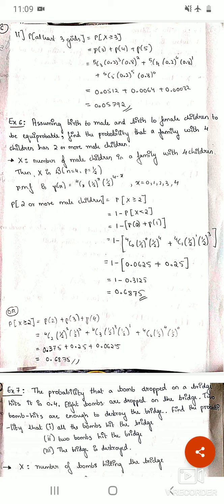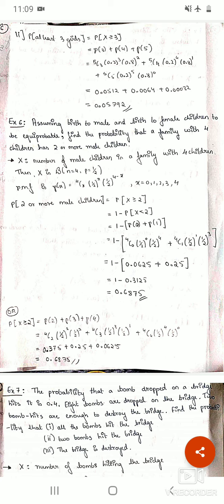They have given a statement that assuming birth to male and birth to female children to be equiprobable, that is 50% chance for the birth of a child to be male and 50% for female. Just like in tossing a coin, there is 50% chance to obtain head and 50% chance to get tail. So we will be taking p as 1 by 2.